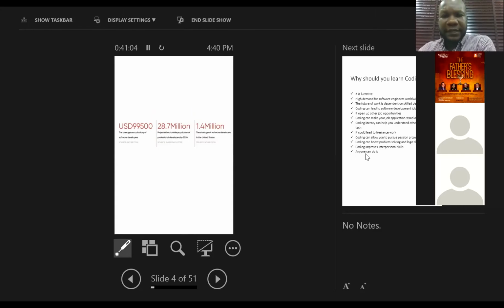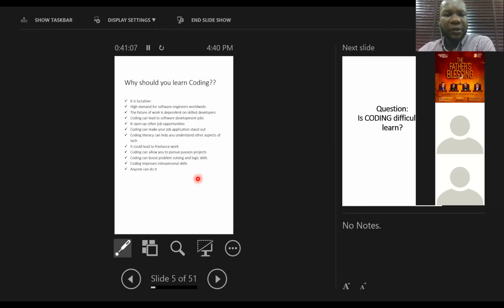Before I move to the next slide, before we look at why you should learn coding, although I've already started from the previous slide, another thing, just to buttress what I've said before: despite the fact that a lot of companies are coming to Africa to employ software developers, even in Nigeria we still have quite a lot of software companies that are very much in need of software developers. This is for those who are not interested in traveling, even though I doubt many people are not interested in that right now.